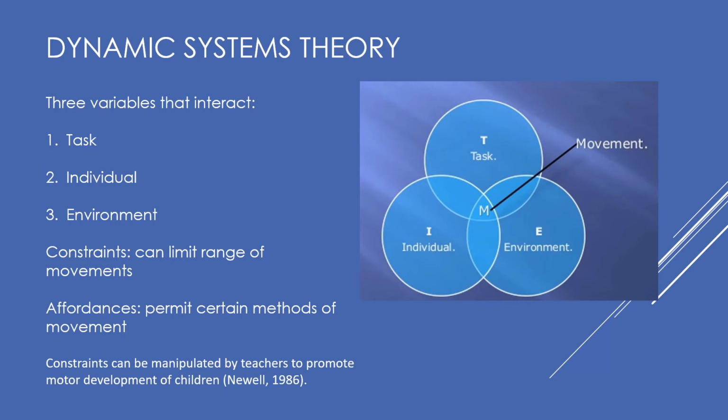The interaction and relationship between these variables allow us to explain how certain movements are produced in specific contexts. Using the dynamic systems theory, we are able to understand and identify how within the key variables there are constraints that limit the range of movements and affordances that permit certain methods of movement. Constraints can be manipulated by teachers to promote motor development of children.